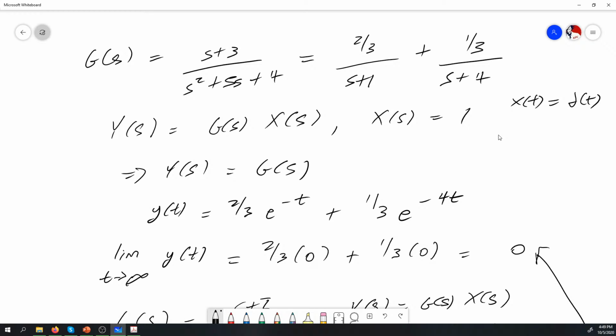And if you look at the Laplace transform table, delta of t is actually 1 in the s domain. So that's why we assume here that X(s) is equal to 1 in this particular case, because we're doing the evaluation as if the x of t signal was a unit impulse.